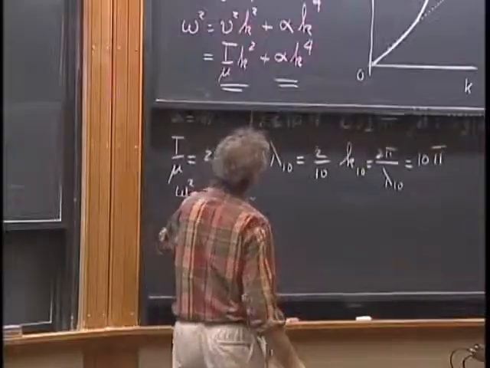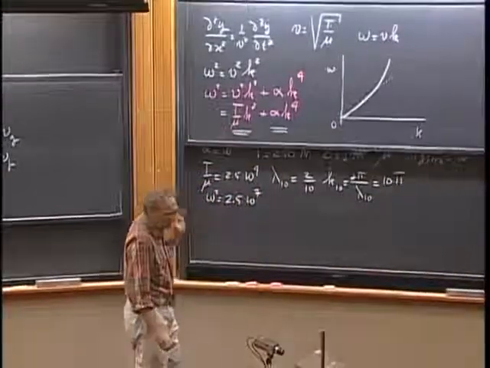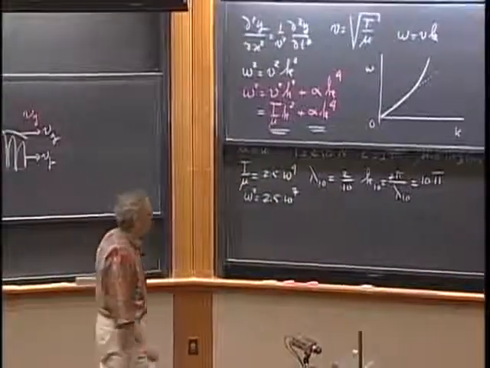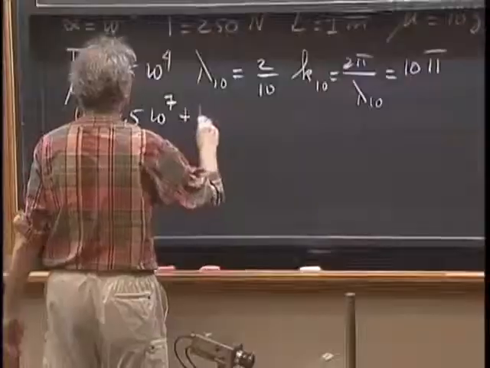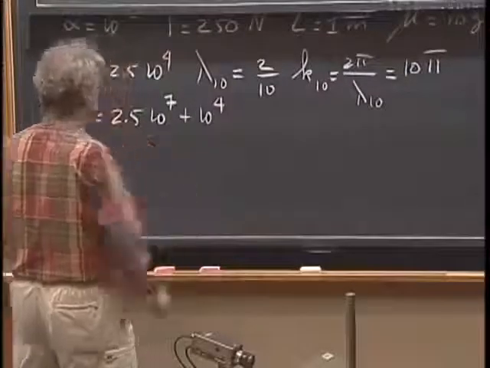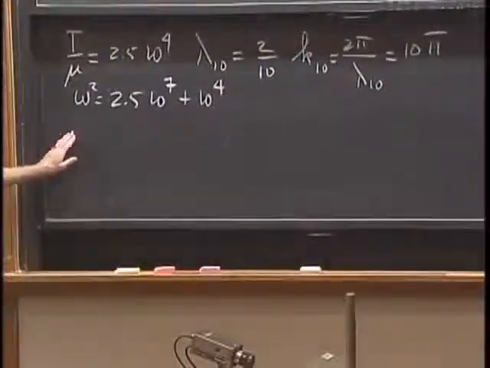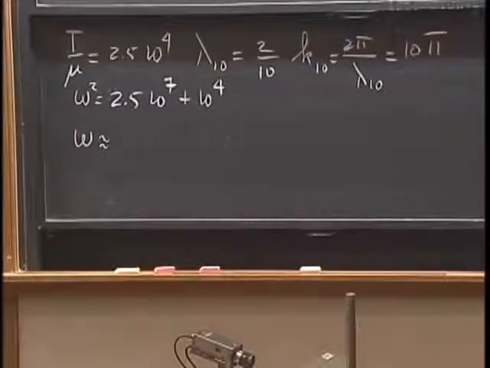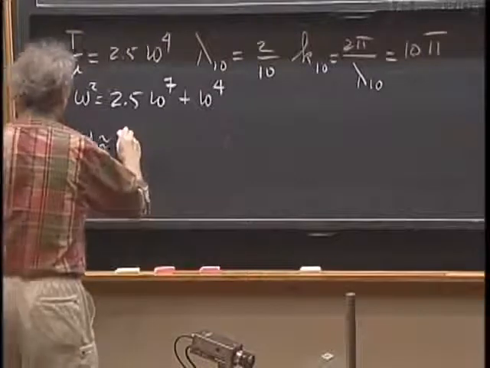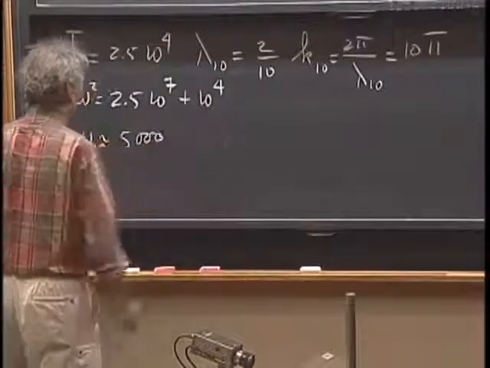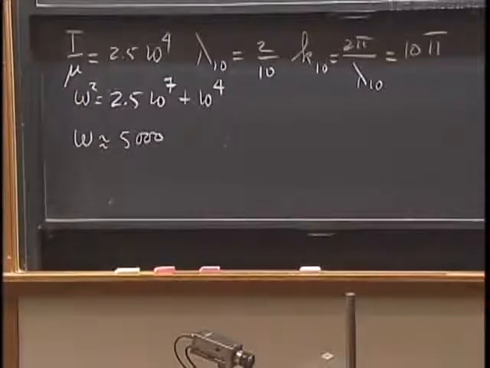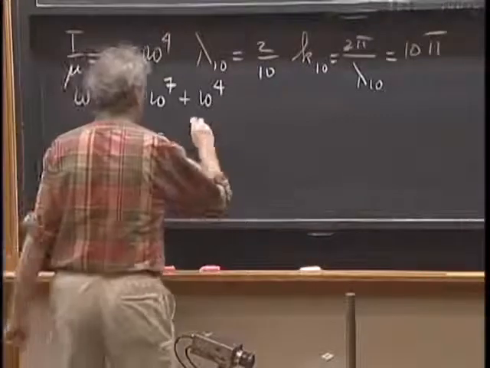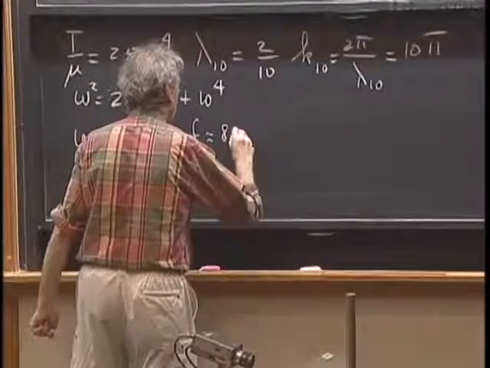And then I can calculate alpha k to the 4th, and I have all the ingredients on the blackboard, and you find that this term is 10 to the 4th. If I calculate roughly what omega is, I'm not interested in the exact value of omega, you will see shortly why, you'll find that omega is about 5,000 radians per second in this case, which translates into a frequency of about 800 hertz.